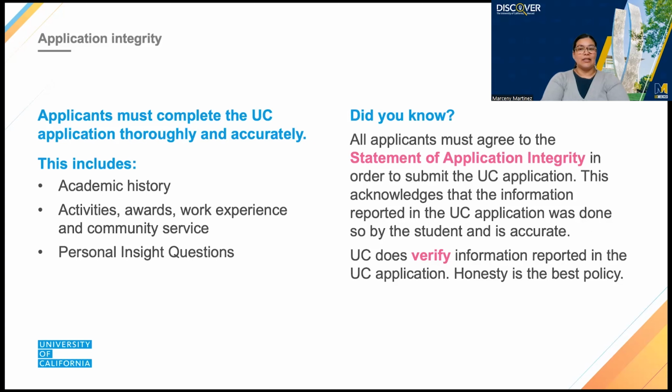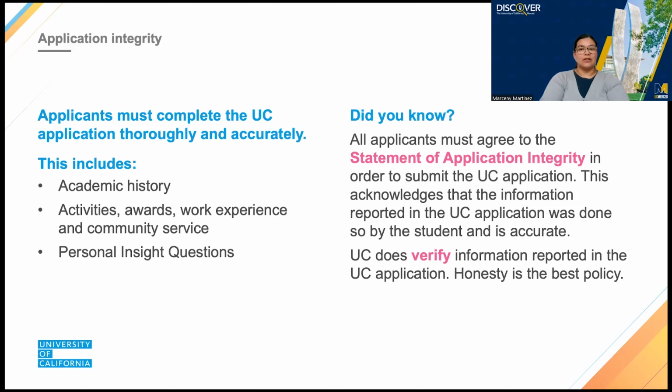The additional comments box in the academic history section can be used to provide detailed information or explanations about specific academic issues, for example declining grades, course selection issues, etc. And lastly, the activities and awards. Applicants should not exaggerate or fabricate awards or activities because the information submitted is subject to verification.